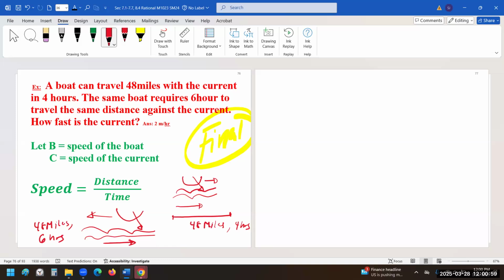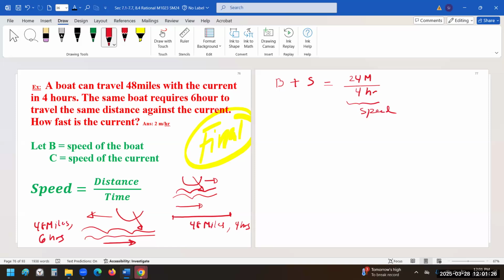Plus. Speed of the boat plus speed of the current, because you are going together. It takes 48 miles in 4 hours. So the first equation is speed of the boat plus speed of the current. You are crossing 48 miles in 4 hours. So this is speed.